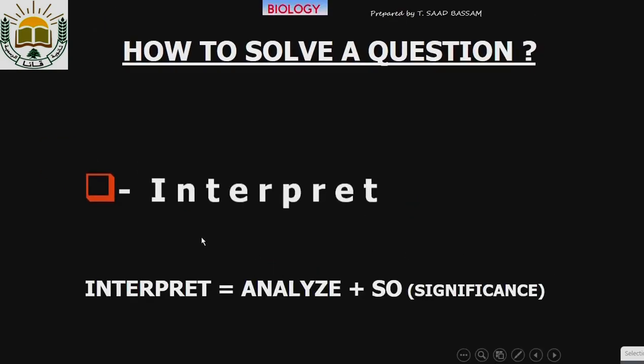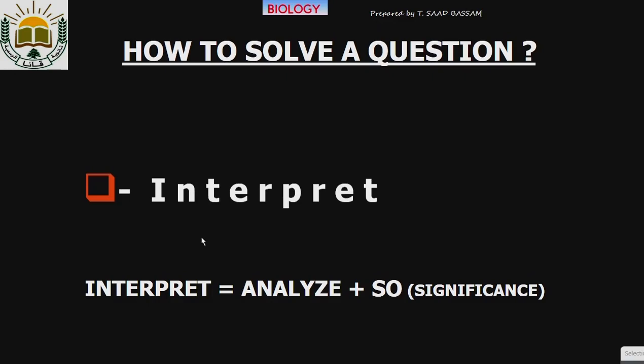Once I ask you to interpret an experiment, you have to mention in your answer the analysis, what you did and what you obtained, and for each of them you have to add "so", "this indicates that", or "this signifies that", and write a significance for the result.